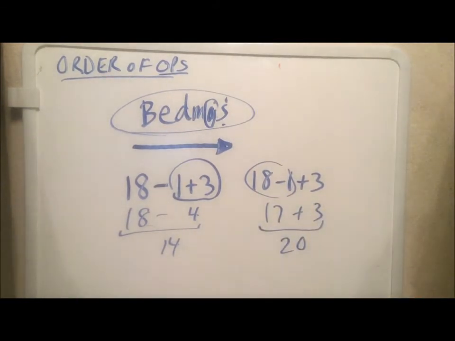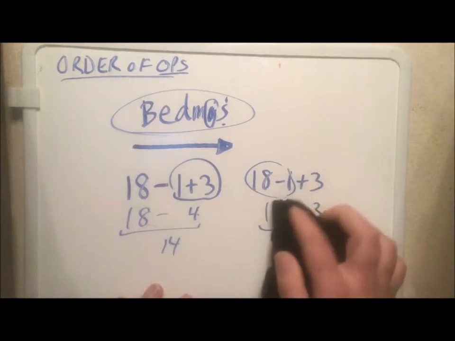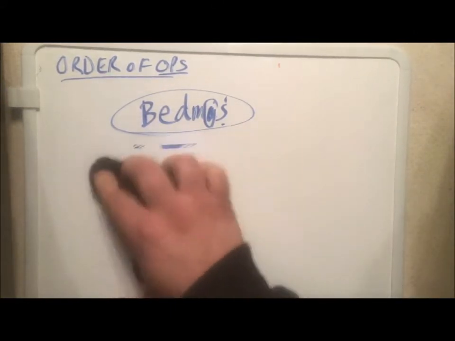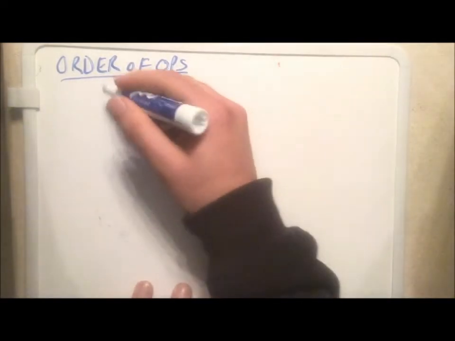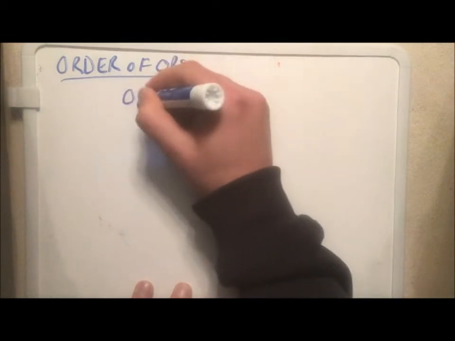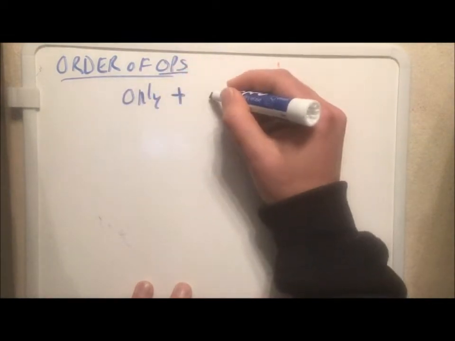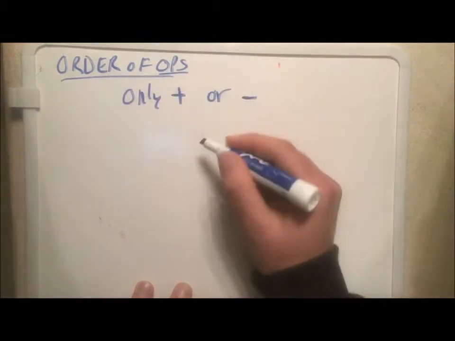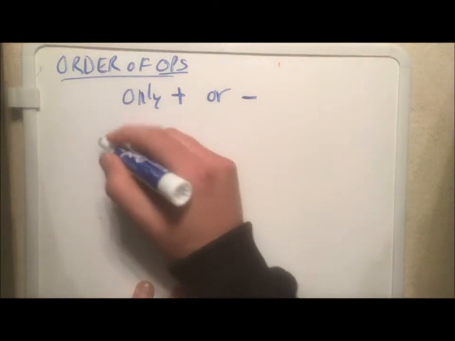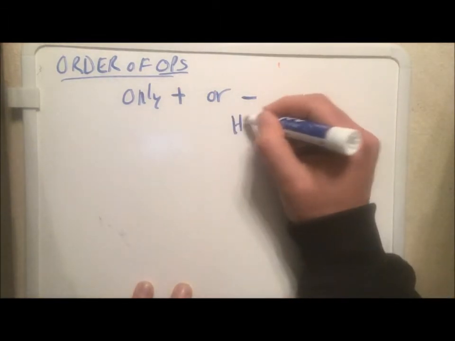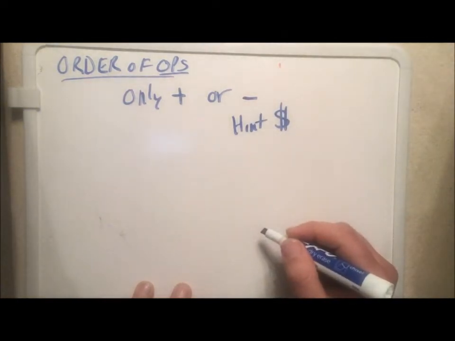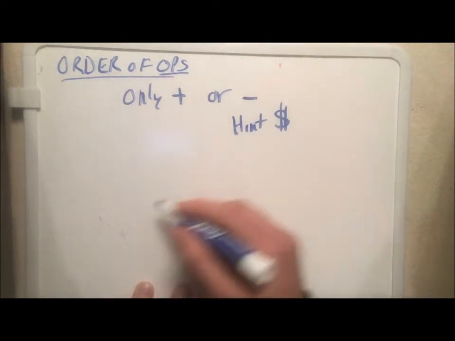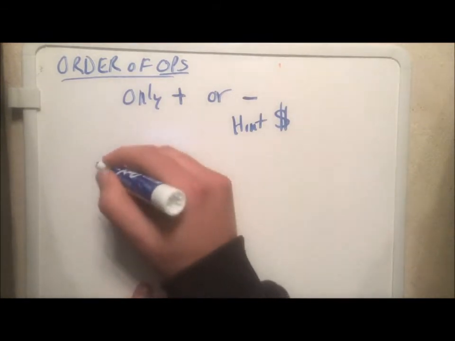So people, I'm sure, are saying, how on earth does this make any sense? This is the first big thing we have to talk about before we go anywhere on order of operations: if you have only adding or subtraction, your hint could be money. Think of it like games, casino money, you're winning and you're losing. You just go from left to right.